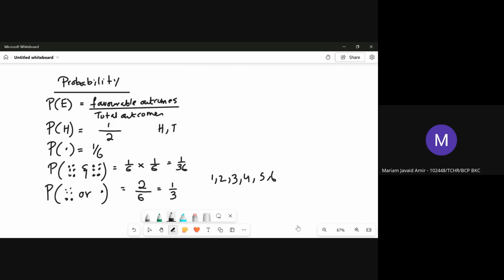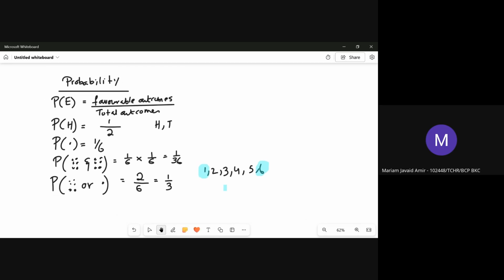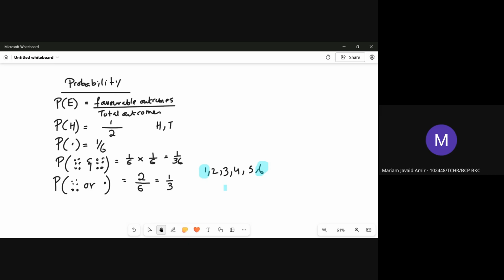Okay. So favorable outcomes are now two outcomes, this 6 and this 1. So it's going to be 2 out of 6. Another way of doing this is knowing that OR is plus.